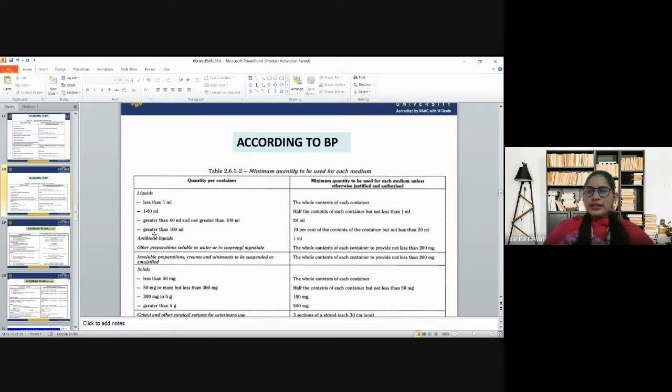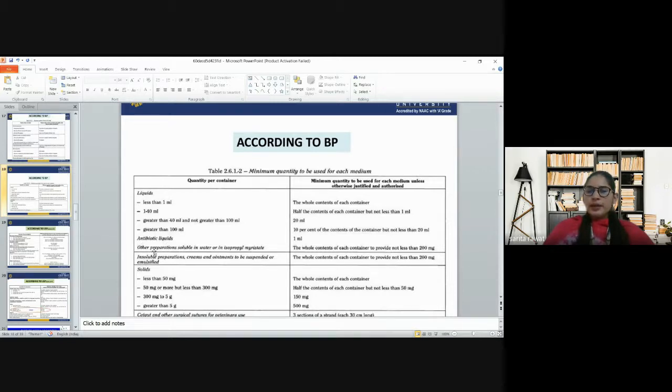If there is greater than 100 ml, we have to take 10% of the contents of the container, but not less than 20 ml. Then for antibiotic liquid, we have to take 1 ml.